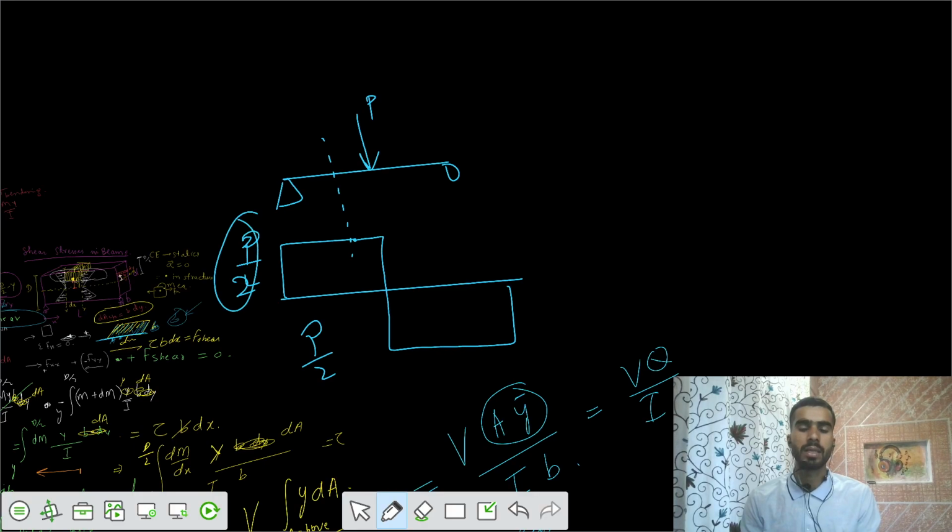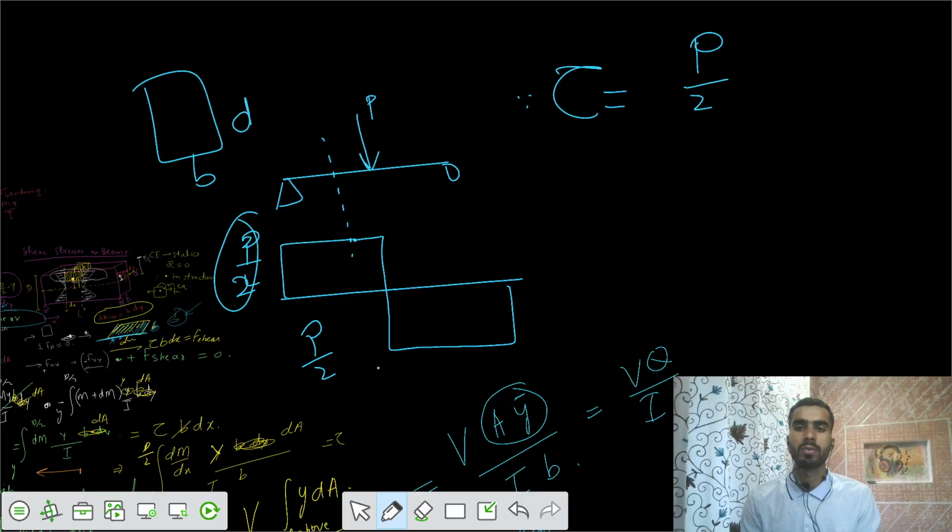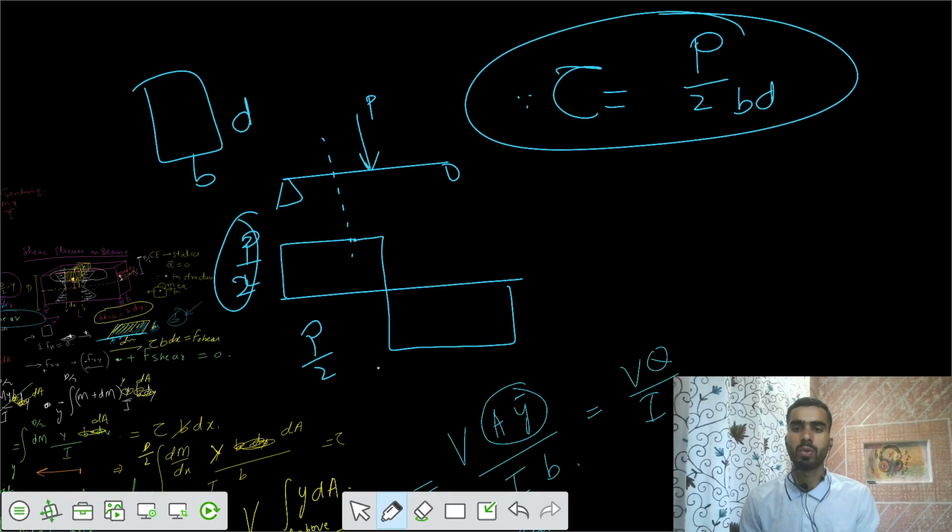Had the shear stress been because of that transverse loading alone, with a cross section of B and D, we would have got the shear stress P by 2 of BD.